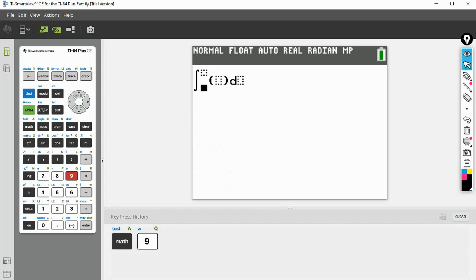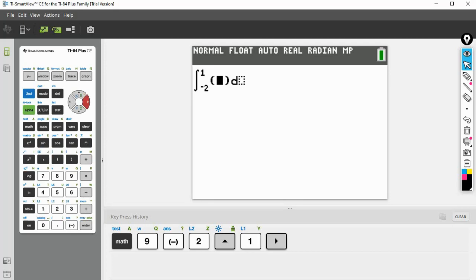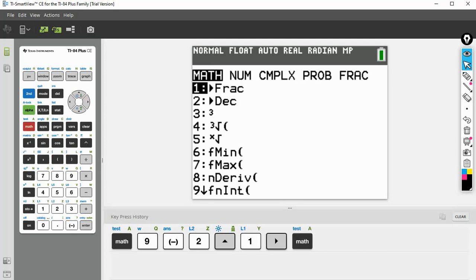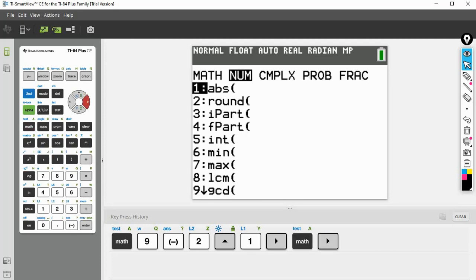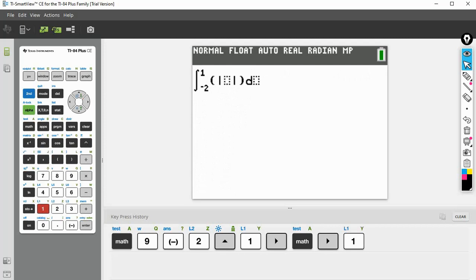So we said we could integrate this whole thing from -2, and the upper limit would be, in this case, 1. But we said we have to do the absolute value. So for the absolute value, we click on Math, and then move 1 to the right. Under something that says num, we click on option 1, and there's your absolute value parenthesis.